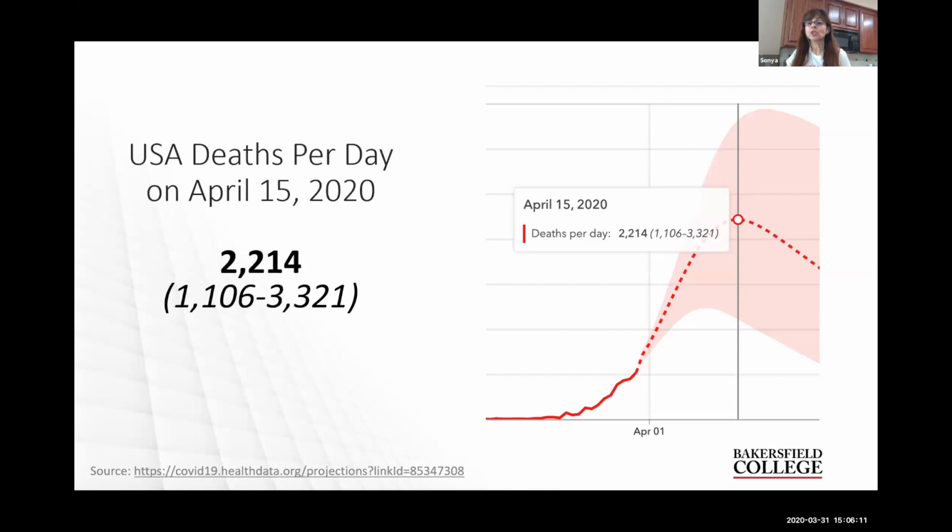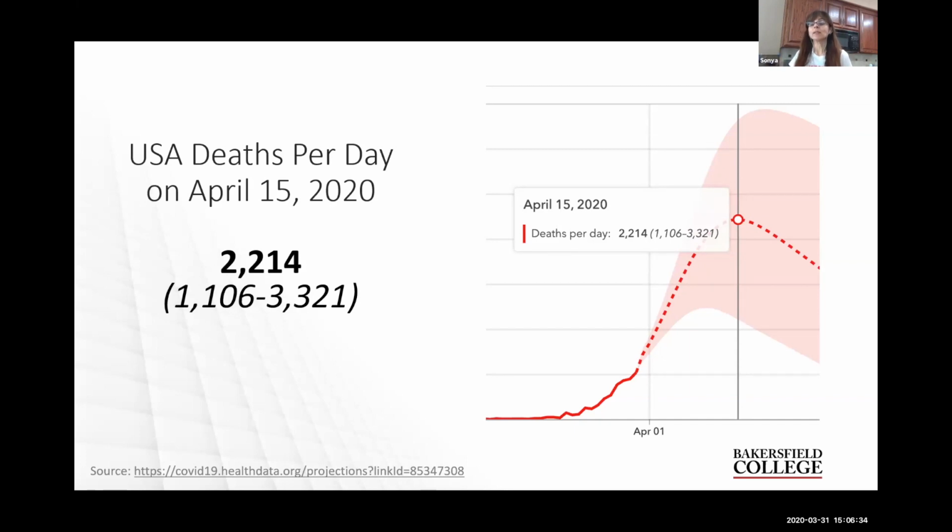And you can see, zooming into April 15th, that the predicted number of deaths per day is 2,214. But below that, you see the range, which shows us that we have the ability to bring it down to as low as 1,106.